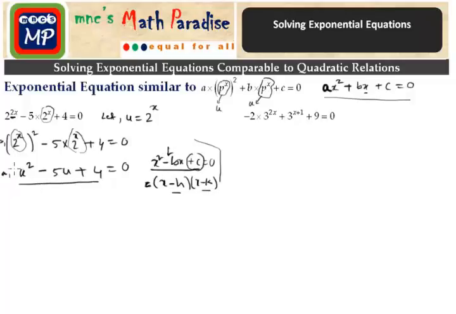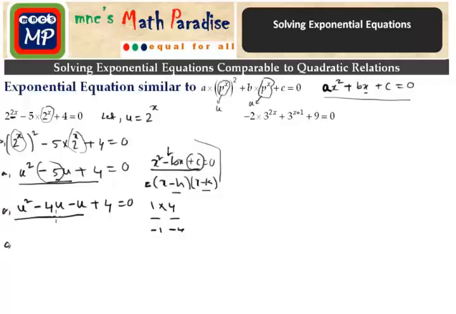We take the coefficient of u square and the constant term, multiply them, and divide the middle term into two parts so that their sum gives minus 5. That means we take minus 1 and minus 4, so their sum gives minus 5. So we can factorize it like this: u square minus 4u minus u plus 4 equals 0. We divided minus 5u into minus 4u and minus u.